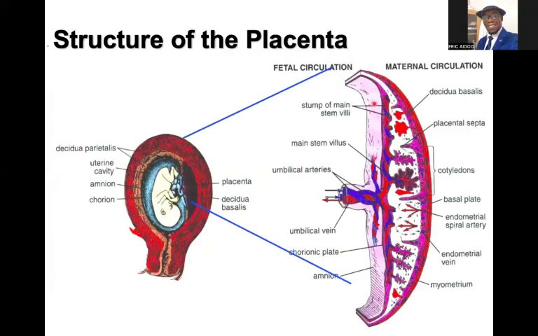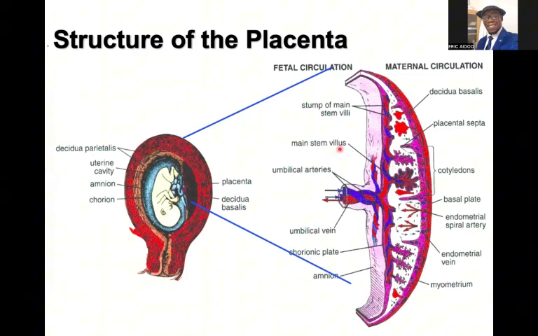So for the placenta, you can easily recognize a maternal portion and then a fetal portion. The fetal portion is where you have the chorionic plate, which is this flat, straight structure, within which you have the umbilical vessels penetrating and then forming villi, extending into the maternal portion.